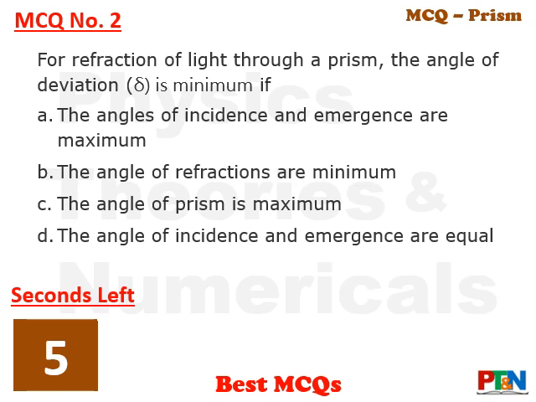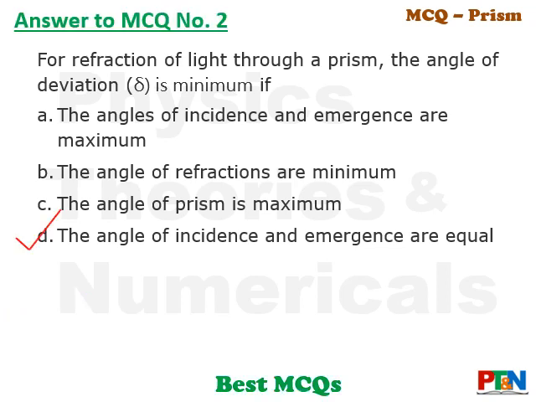Your timer starts now. Hope you got your answer. Let's see the answer. The answer is option D. The angle of deviation is minimum when the angle of incidence and angle of emergence are equal.